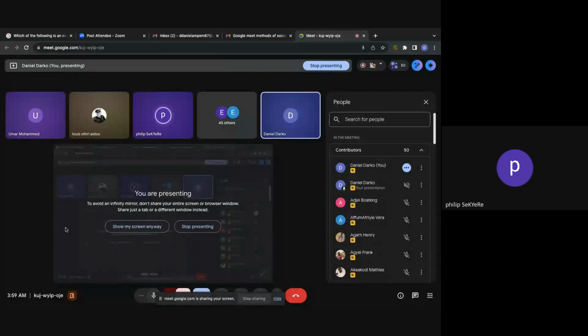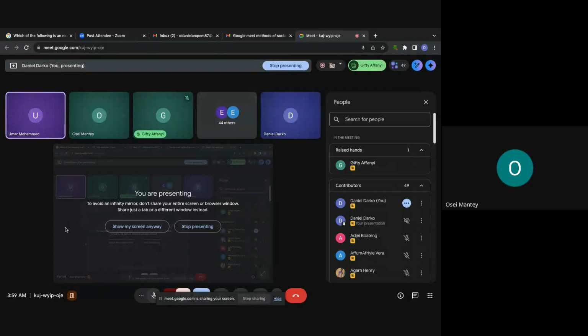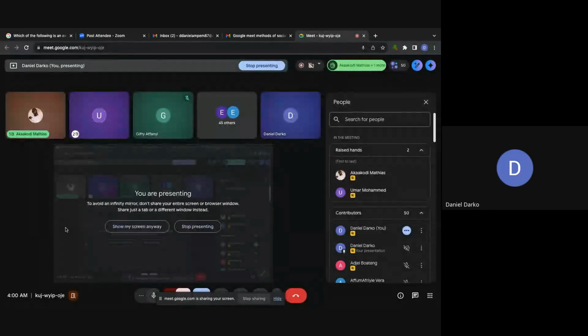Or in your community? Maybe domestic violence. Okay, Gifty, your hand is up. Let's hear Gifty. Sir, in my community, some of the problems are lack of social amenities like schools or good hospital facilities for the people in the society to have access to. Okay, that's fine. That's the problem. So you tell us more about the problem. That is the extent of the problem.